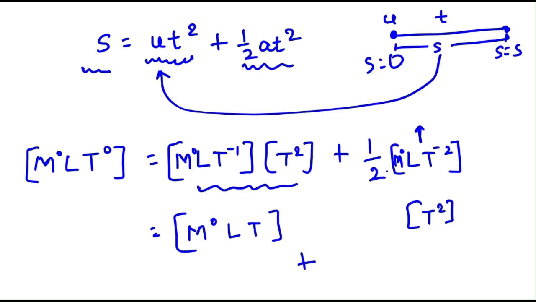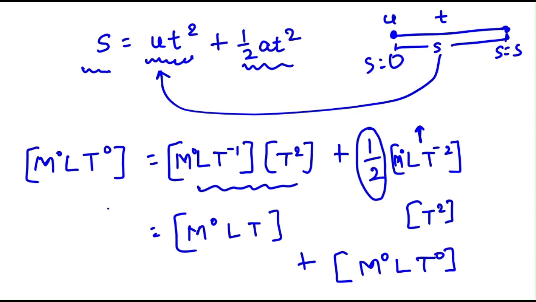And now here, actually, we need not worry about this thing while checking dimensional consistency of our equation, because numbers do not have any dimension. So here we are going to get M0 L, and this one t to the power minus 2 plus 2 will be 0.